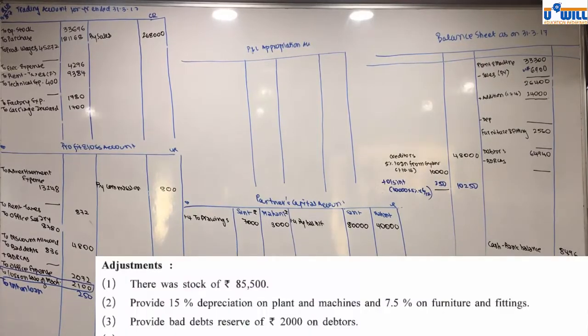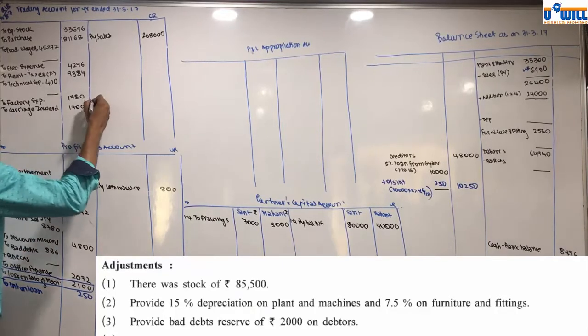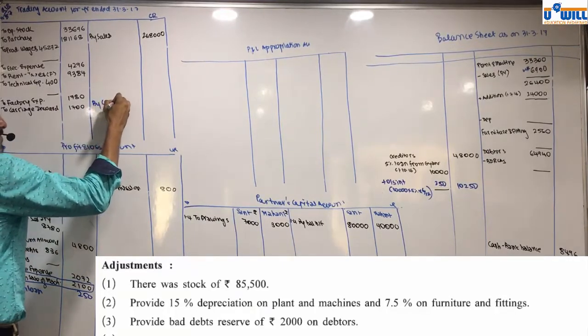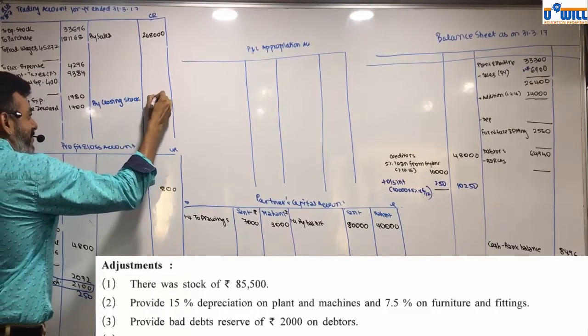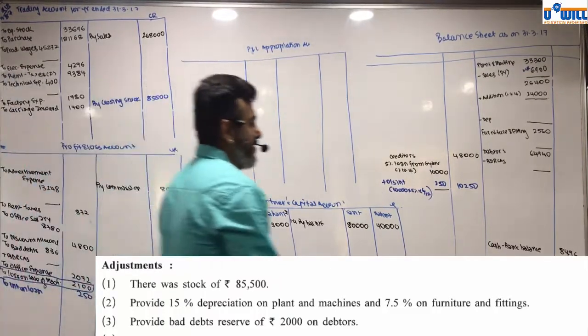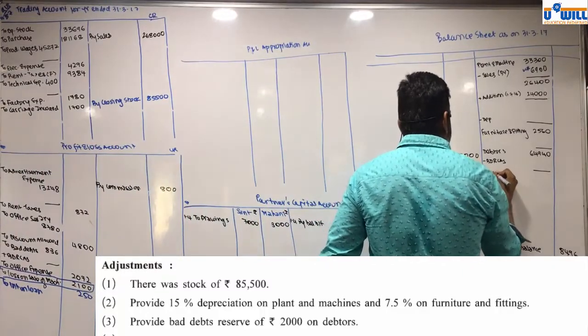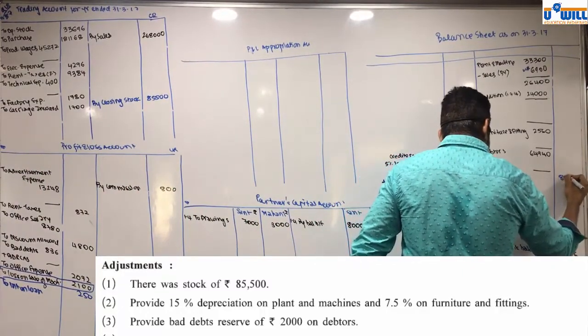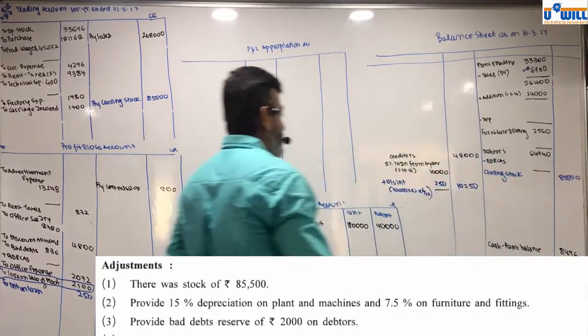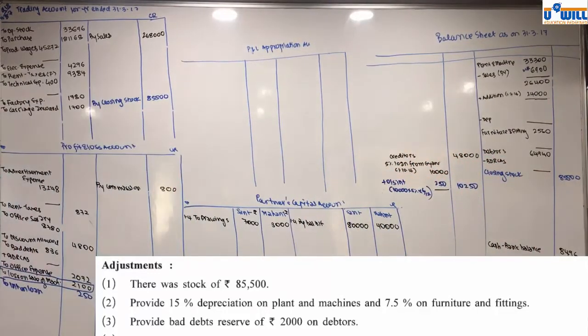And let's go to the adjustments. Closing stock 85,500, by closing stock. Second effect. 15% depreciation on plant and machinery.